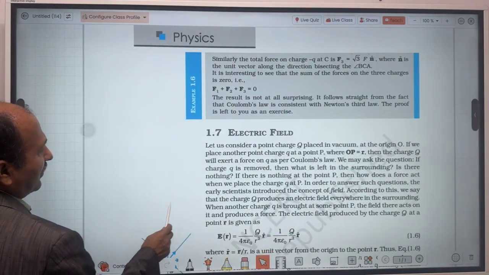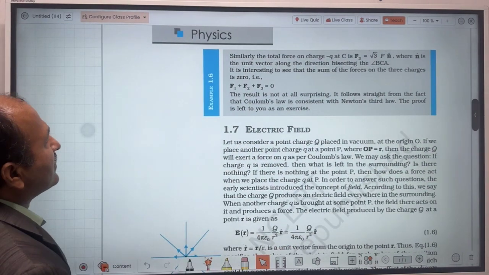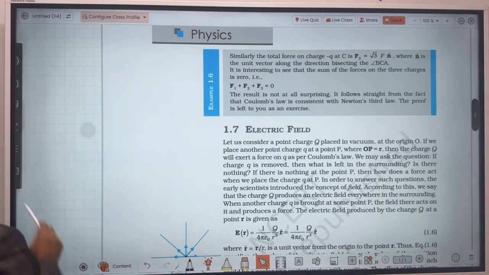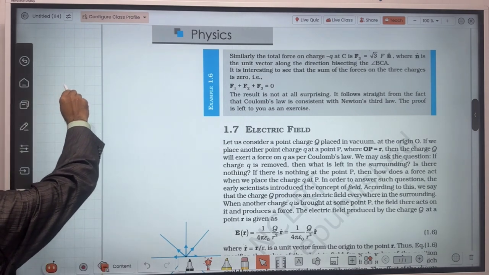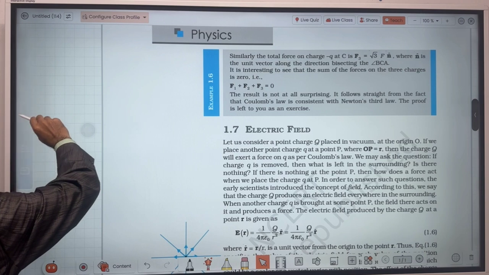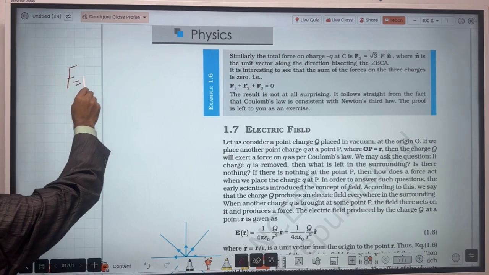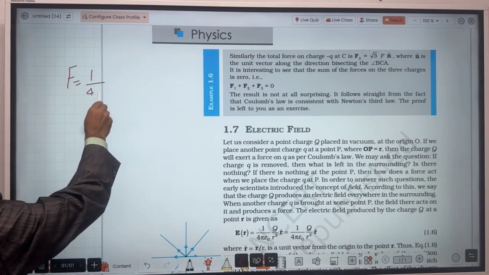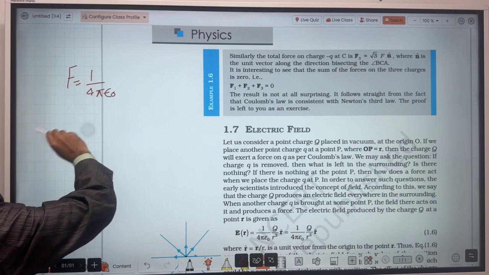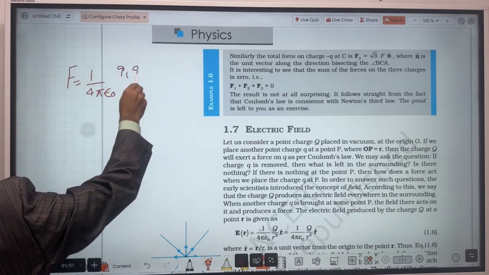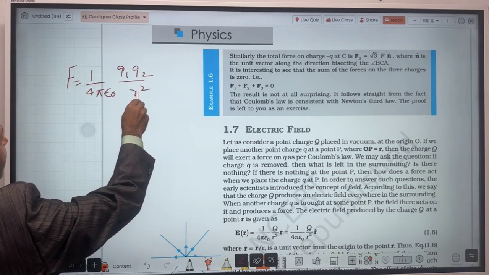Now we are going to study what is electric field. So we have seen the expression for force, that is F equal to 1 upon 4 pi epsilon naught Q1 Q2 divided by R square.